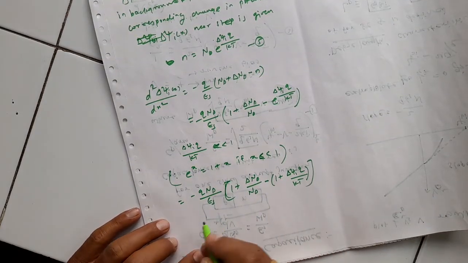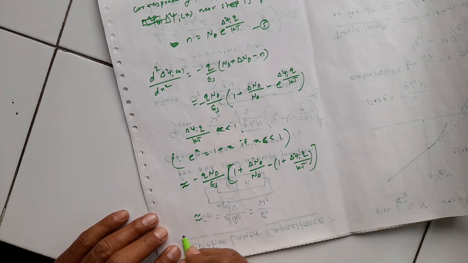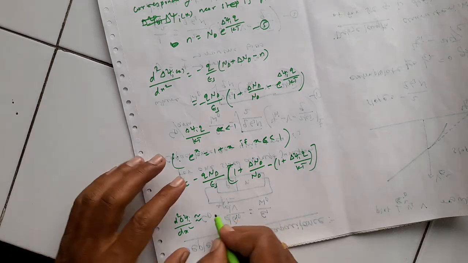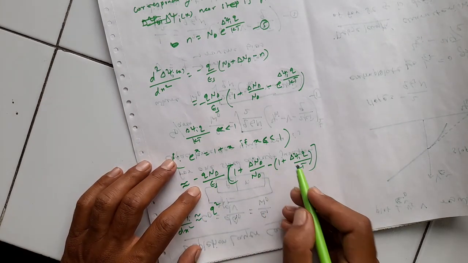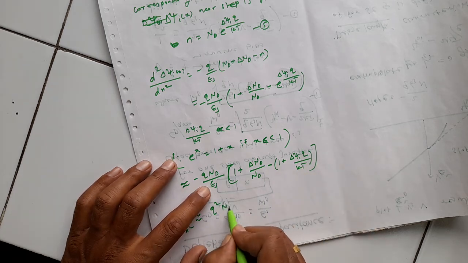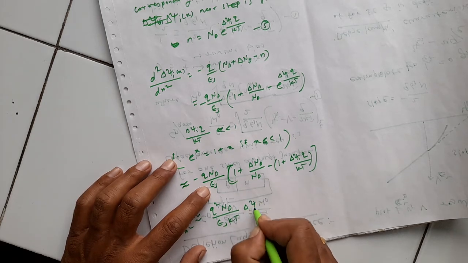So what we will get is approximately d2 delta psi i by dx square is approximately equal to q square N D upon epsilon s kT into delta psi i.